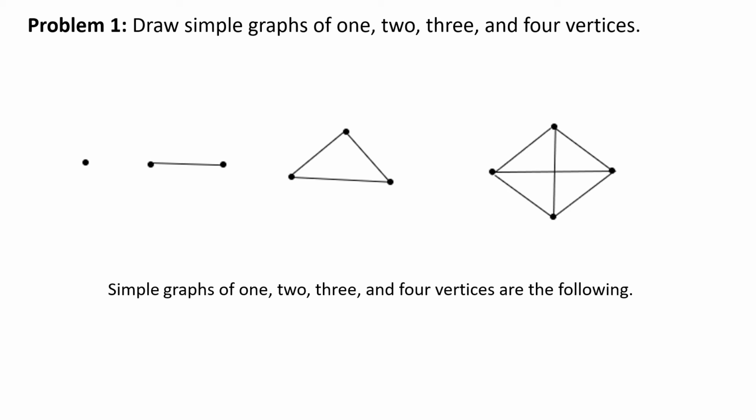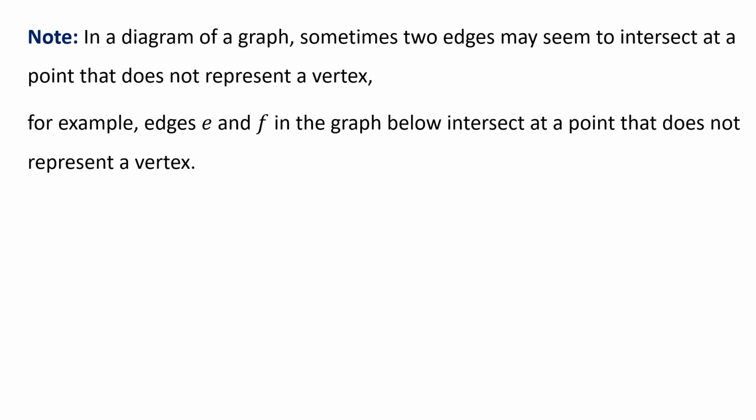Now consider these two edges. These two edges seem to intersect at this point, but this point does not represent a vertex. Here we note that in a diagram of a graph, sometimes two edges may seem to intersect at a point that does not represent a vertex.